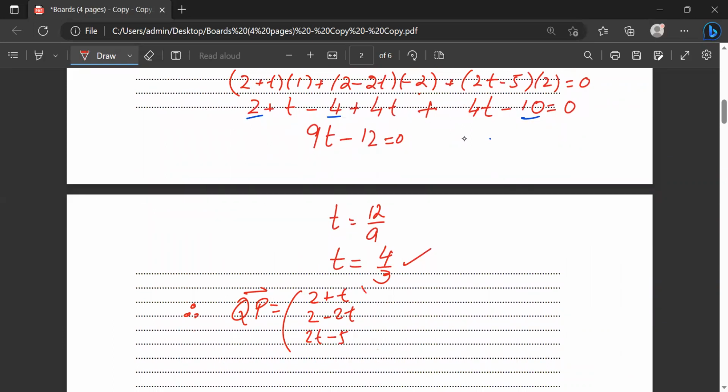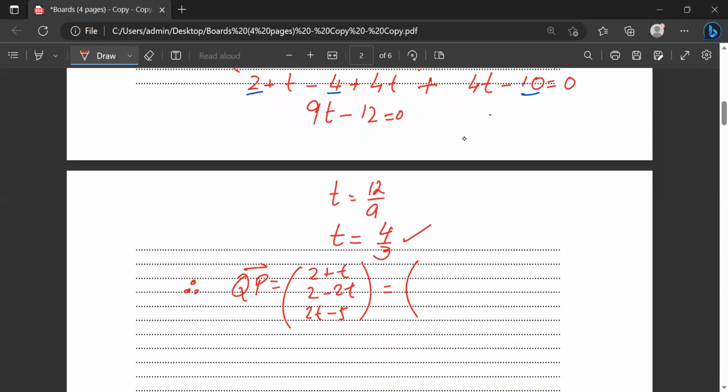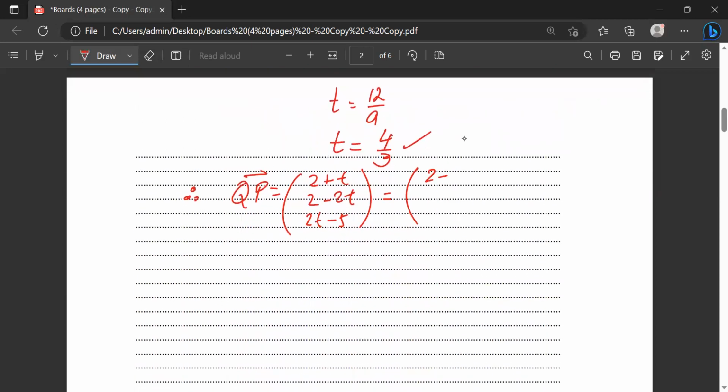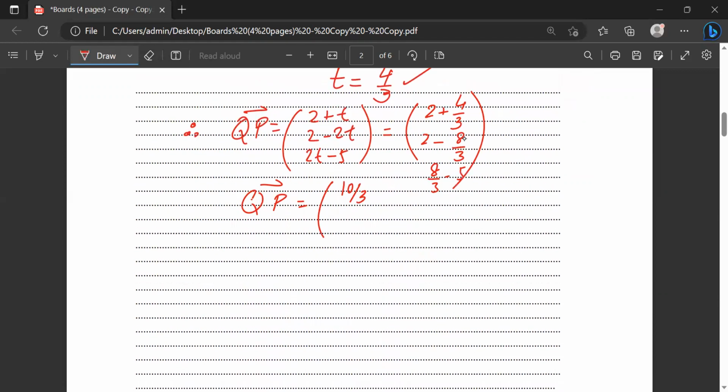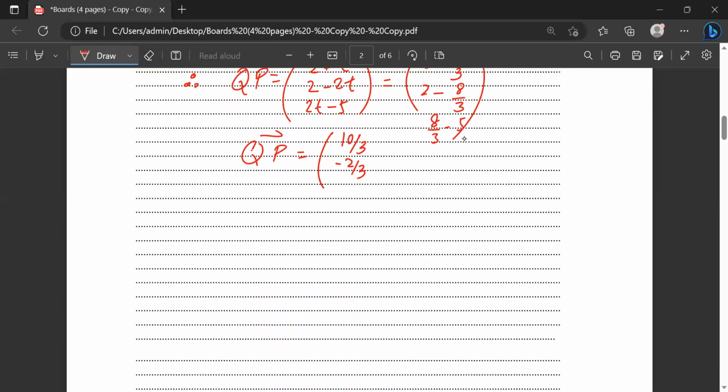Using the value of T here: 2 plus 4 over 3, 2 minus 8 over 3, and the last is 8 over 3 minus 5. So the QP vector in this way is (10 over 3, minus 2 over 3, minus 7 over 3). So this is the vector QP.